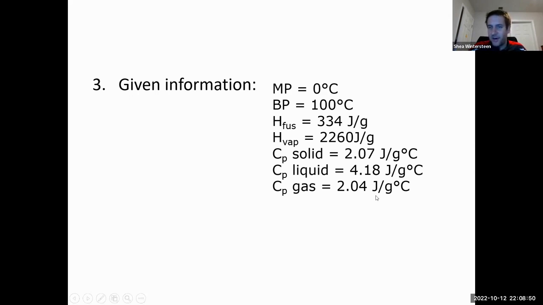You'd still follow the same process, but instead of using 50 grams each time, you would need to use whatever that 50 grams in moles would be. So pay attention to what these units are and make sure that your units match up with the information that you're given. That's one really tricky way that the College Board can kind of throw students off with finding the amount of energy it takes to go from one phase to another.